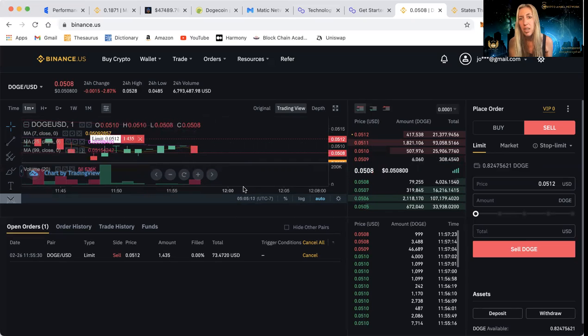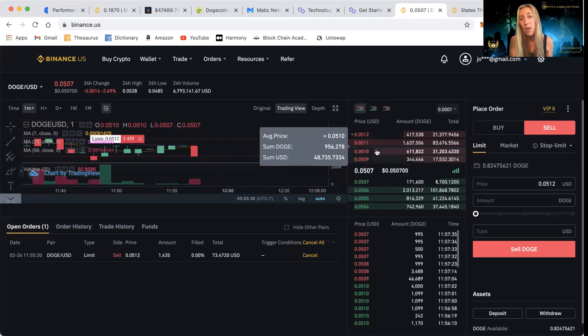And this is the thing. I want you to think about it. This is just a small amount. But imagine you're doing a trade that is $1,000, $2,000. You want to be able to get more value there, more bang for your buck. But you can see right now I'm moving away on this order book here.